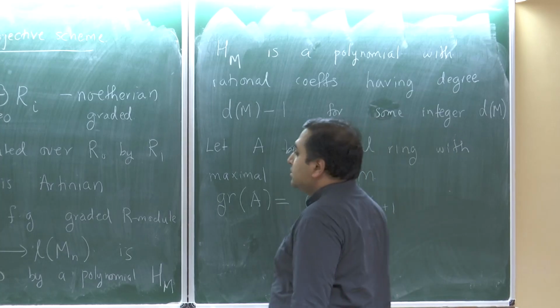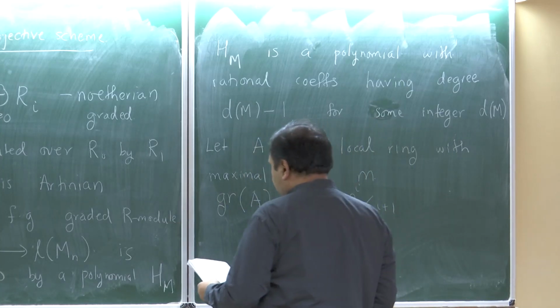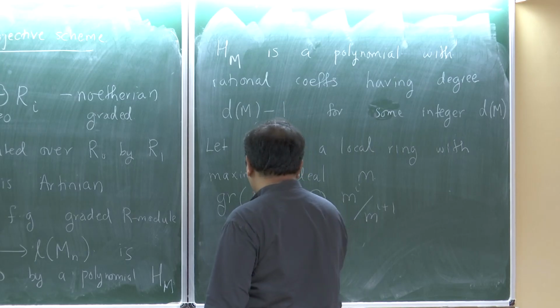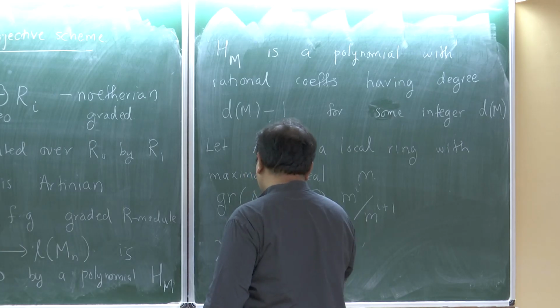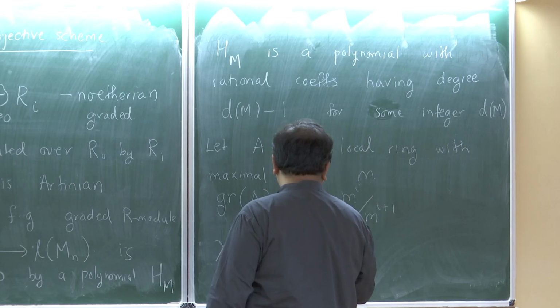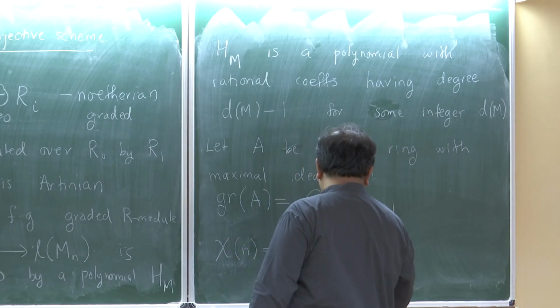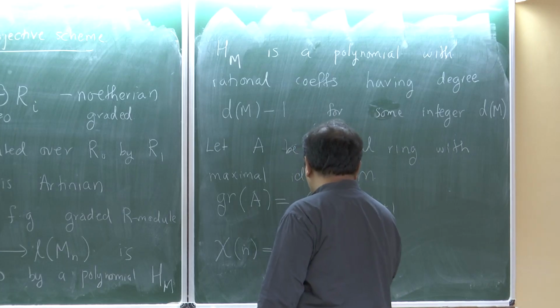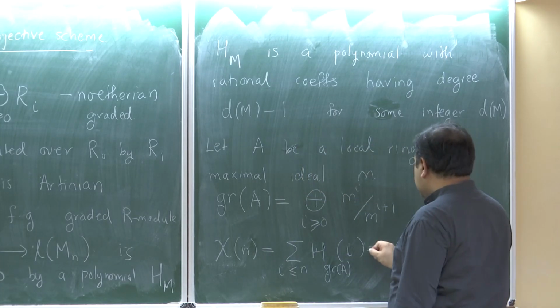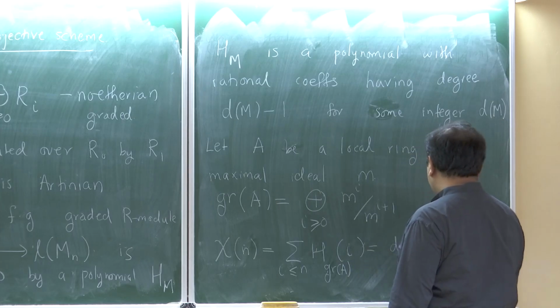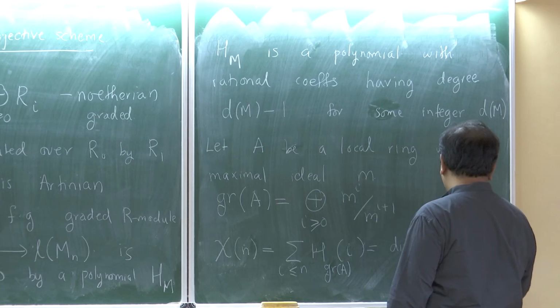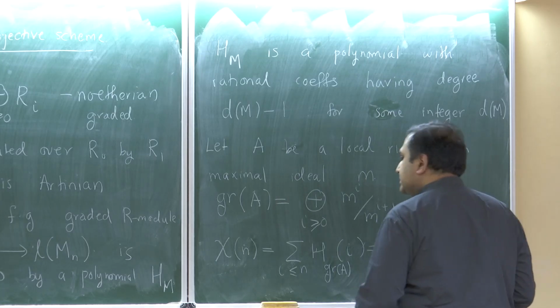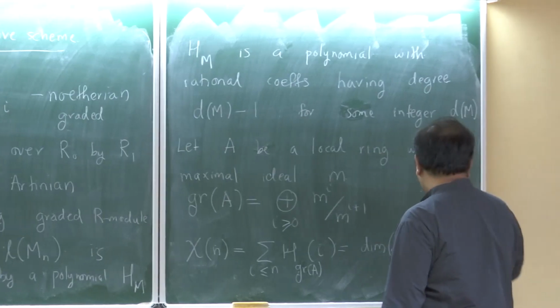Then I can apply this machinery to this, and if you define H_n, χ_n equal to the summation of H_{gr A}(i), where i is less than or equal to n, this is supposed to be the dimension of A over M^n. No, M^n, M^n.